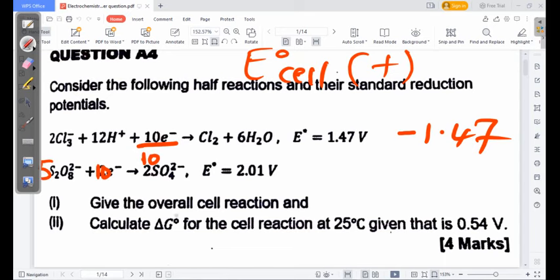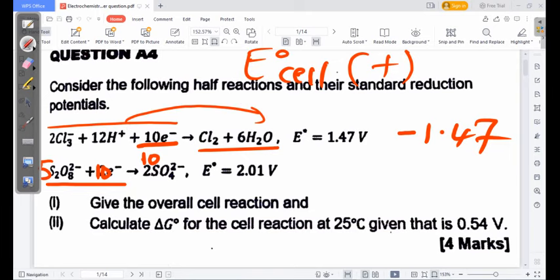So our reactants, we have this part plus that part. The electrons will cancel out because we know this side is moving to the right hand side. Okay, does that make sense? Remember I've said reverse the first reaction there. So on our reactants part, we have this part plus what is on the bottom there. Some say start with the anode, I don't see any difference, but we can do that.